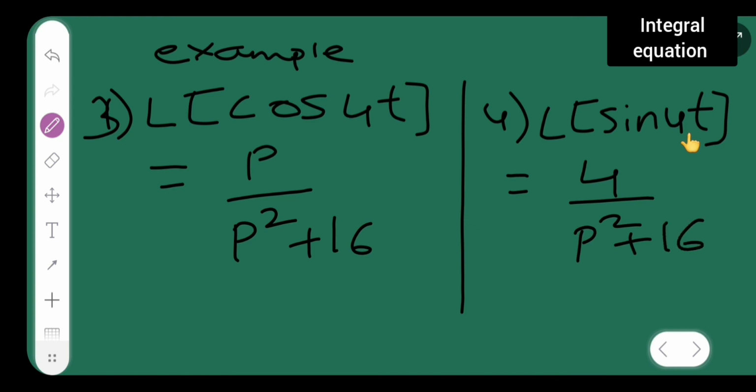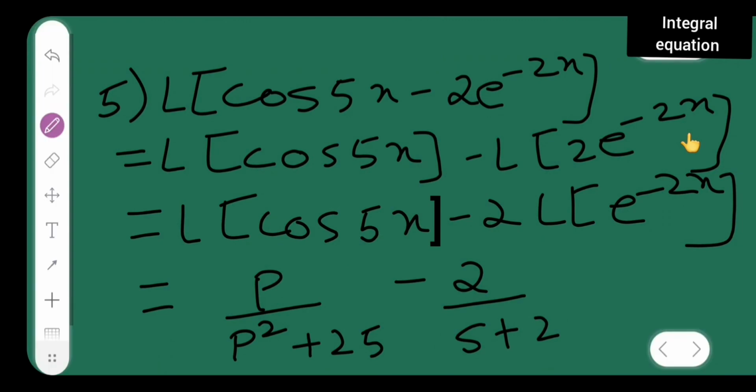Okay, now let me take one more, the last. So this is my last example which I have told you all. Now Laplace of cos of 5x minus 2 e raised to power of minus 2x. So what I have done is I have separated it, okay. Now this is equal to Laplace of cos of 5x minus Laplace of 2 e raised to power of minus 2x. Write this as it is. Laplace of cos of 5x minus, take the 2 outside, Laplace of e raised to power of minus 2x.